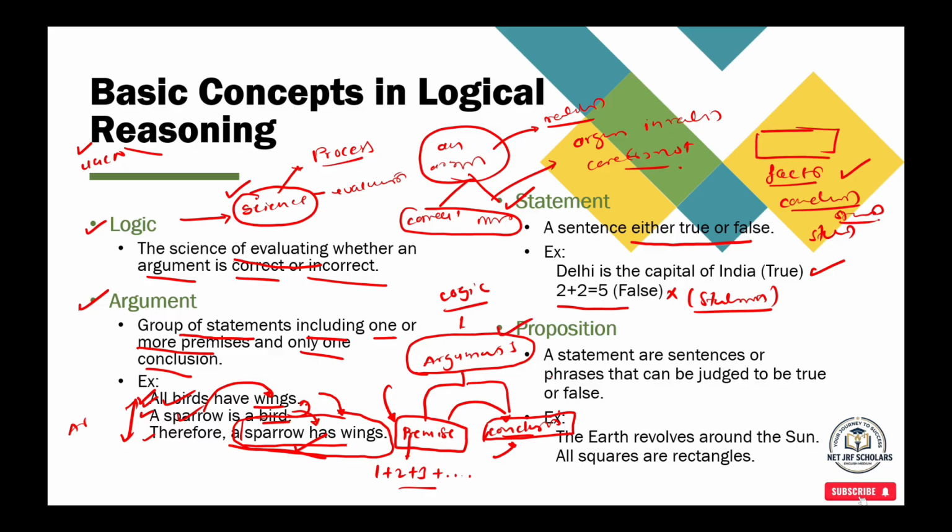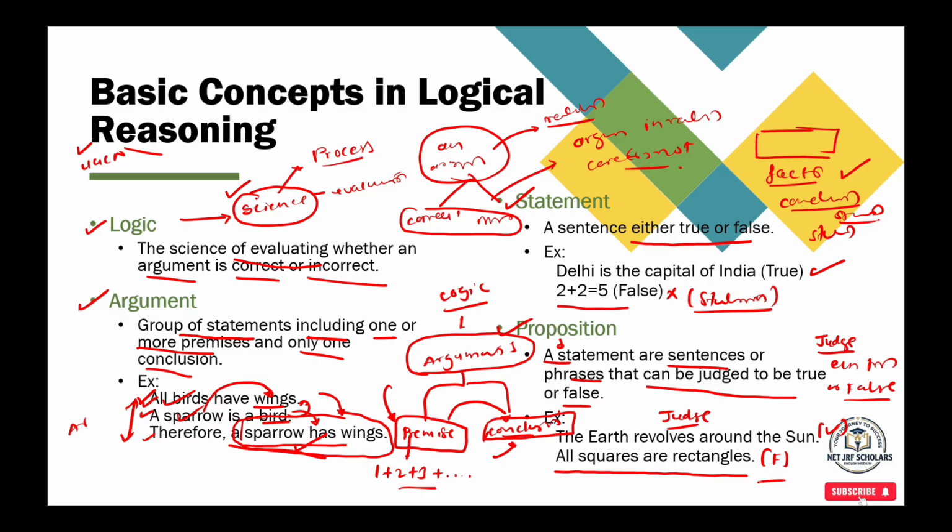Next, propositions. A proposition is also a statement, sentence or phrase that can be judged to be true or false. As you can see here, we are not pretty sure, but we need to judge it to be true or false. The earth revolves around the sun is true, but we are also judging that all squares are rectangles.